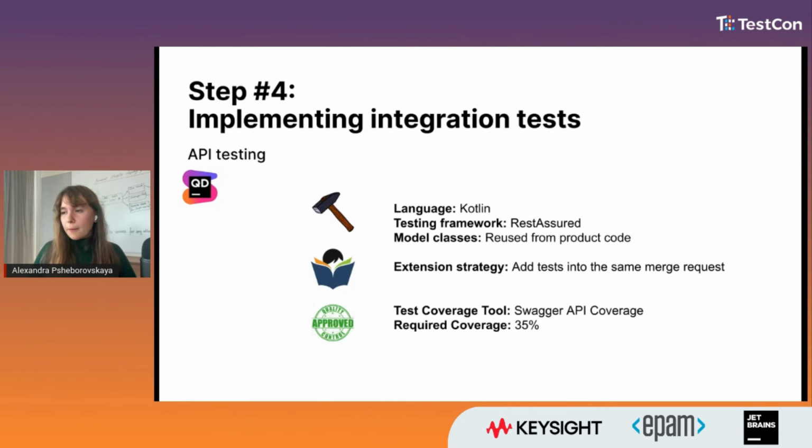Moreover, such convenient infrastructure allows us to prepare manual test cases, but write them in code as automated tests without additional preparation of manual test cases. Also, to analyze our API test coverage, we use Swagger API coverage.